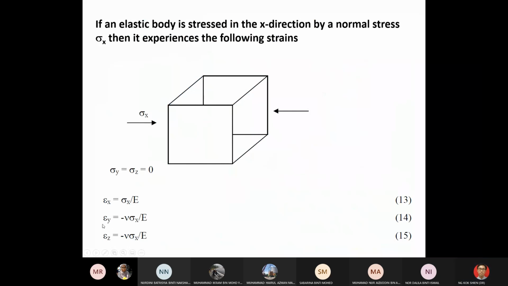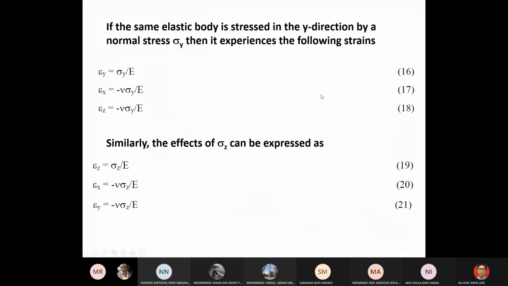The strain in the y direction involves the Poisson ratio, and for z it is the same, there's a Poisson ratio. Meaning that when we subject the material to loading in the x direction, we get strain in different directions.